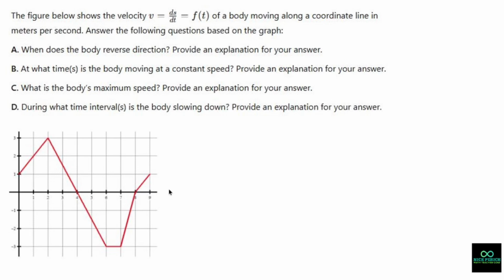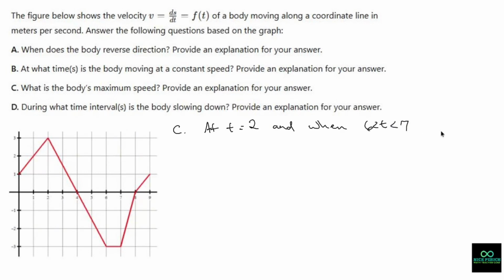A negative velocity means you're moving backwards. Speed is the absolute value of velocity. So this is going to happen twice. So for C, you have t equals 2, and when t is between 6 and 7.